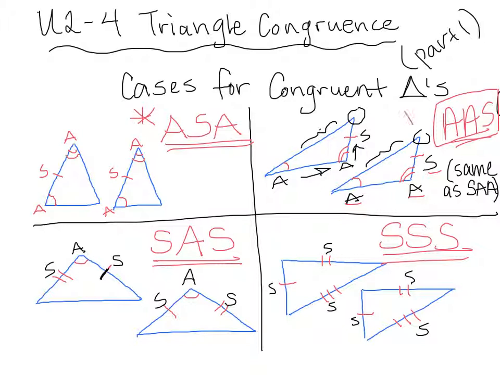The second box, an angle, an angle, a side. The third box, a side, an angle, and a side. Or the fourth box, where all three sides, side, side, side, are congruent to each other. And this concludes this first video on triangle congruence, Skill 4.